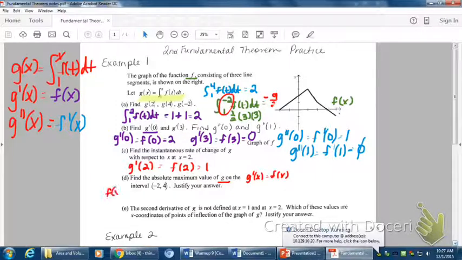And we know that f of x equals 0 at 3. And what that means is that there's a max at 3 since f of x changes from positive to negative.